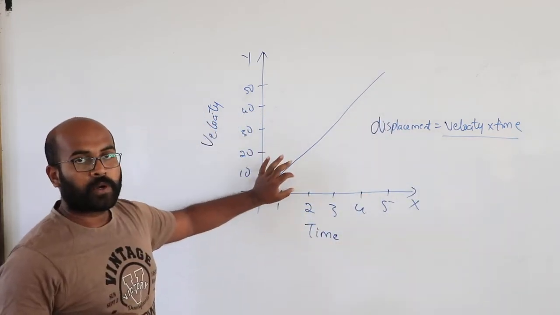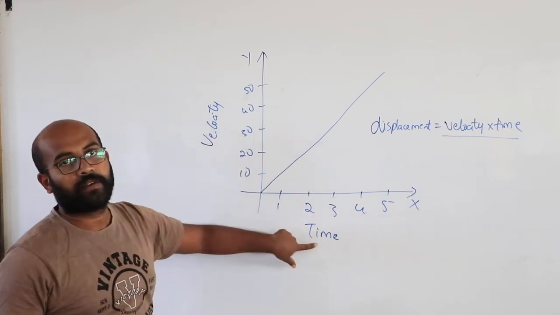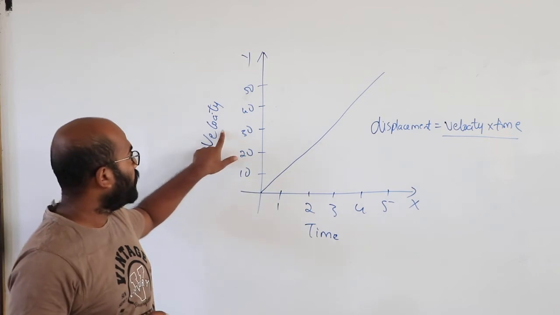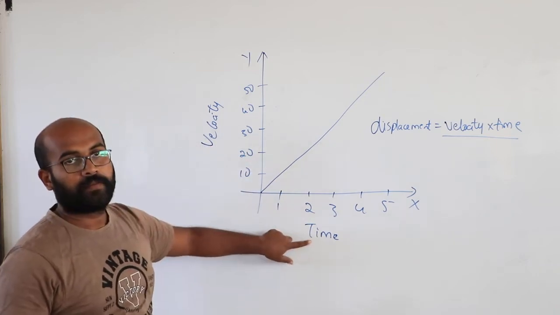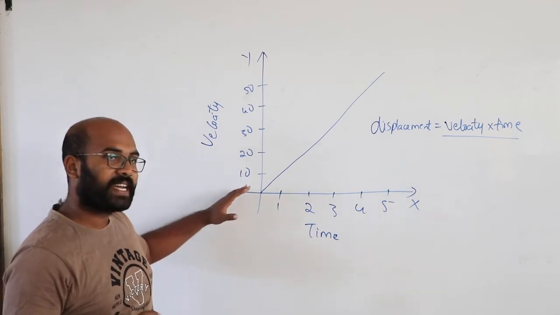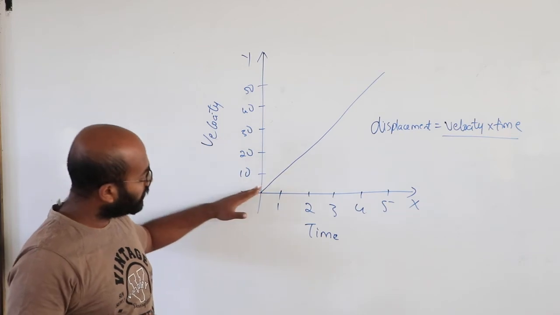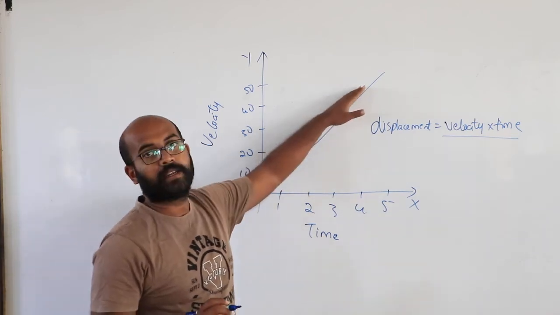In the earlier problem we saw the displacement or distance time graph, but here this is a velocity time graph. The difference is that there the distance was increasing linearly, but here velocity is increasing linearly.